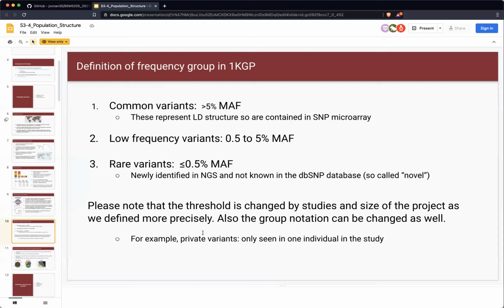Why do we care about the private variants? The reason is that if you look at 10,000 individuals or 100,000 individuals or a million individuals, and you find private variants which are only seen one time in a single individual in the study, they are likely to be large effect variants compared to other types of variants, or that private variant could be a de novo mutation, right?